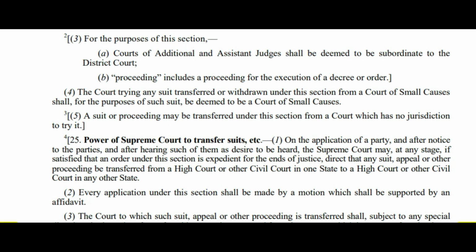A. Let us move to B. Proceeding. What does it include? Proceeding includes a proceeding for the execution of decree or order. So the simple fact is, proceeding includes any execution process or execution proceeding.